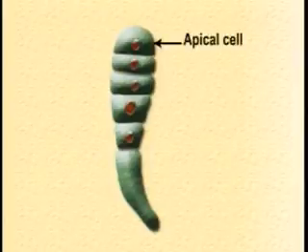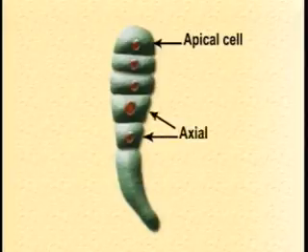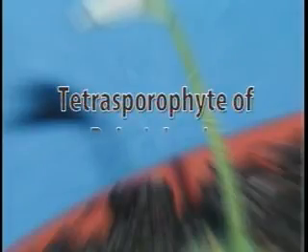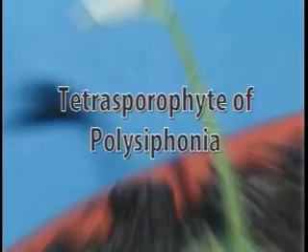These segments elongate and become the axial cells constituting the central siphon. The lower axial cells divide by vertical walls to cut off the pericentral cells. In this way, an independent sporophytic plant called the tetrasporophyte of Polysiphonia is formed. It is the third individual in the life cycle of Polysiphonia.